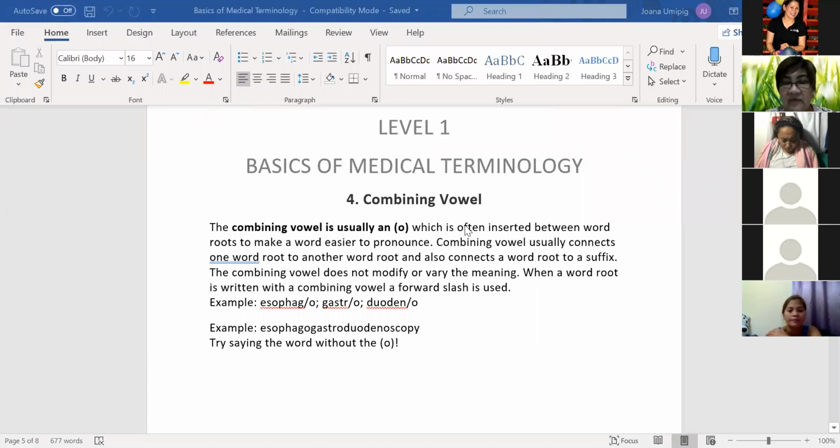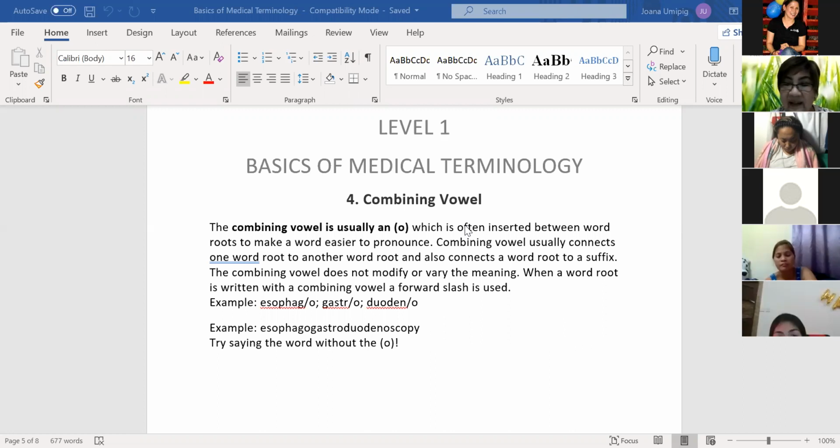So the combining vowel. So we said to form a medical word or a medical terminology, we have 4 words. Yung word root, yung prefix, yung suffix, and the combining vowel. The combining vowel is usually an O, which is often inserted between word roots to make a word easier to pronounce. Combining vowel usually connects one word root to another word root and also connects a word root to a suffix.